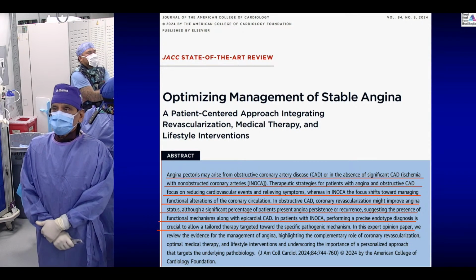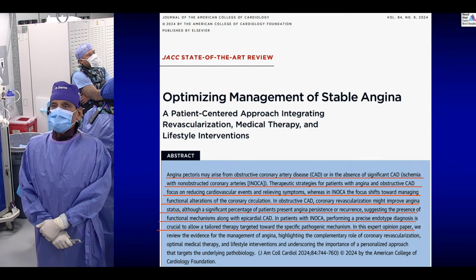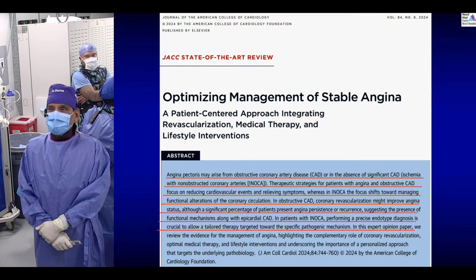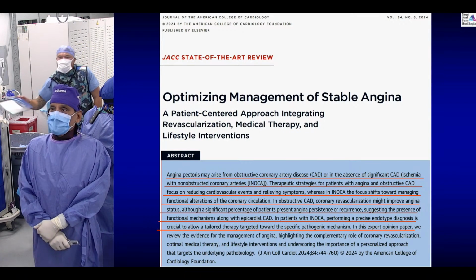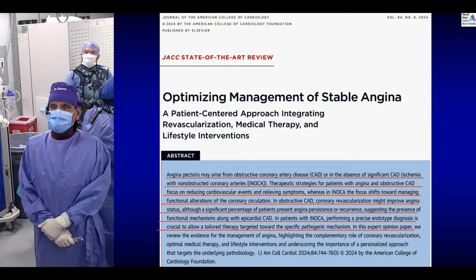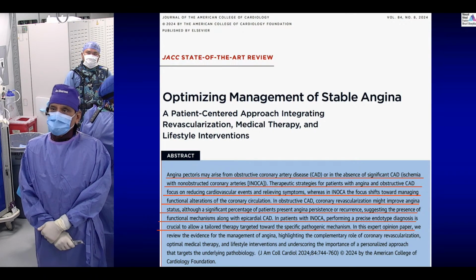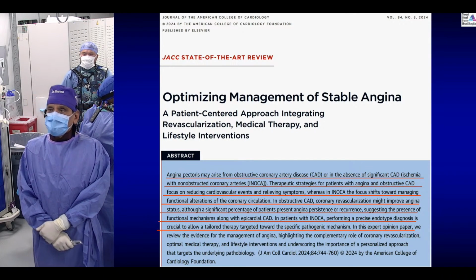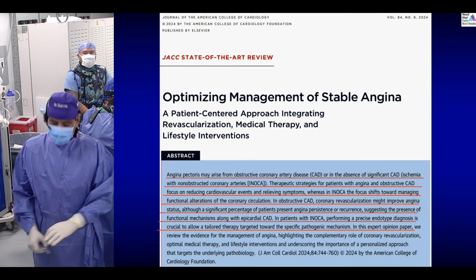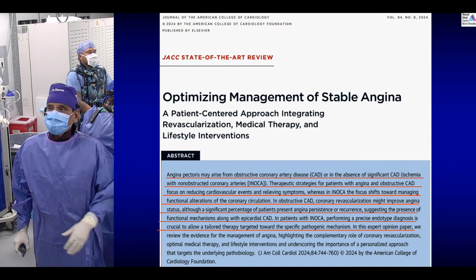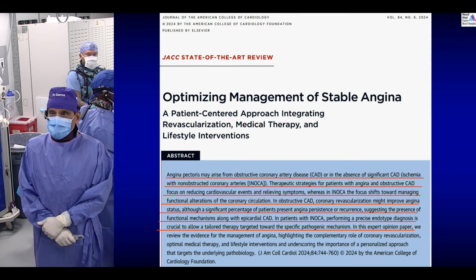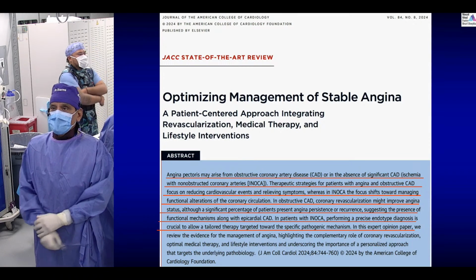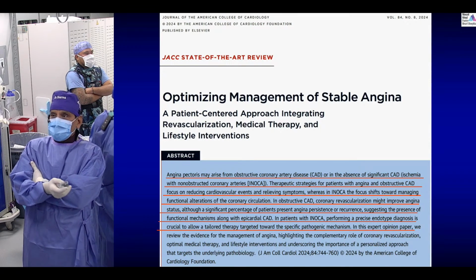So in obstructive CAD, coronary revascularization might improve angina status, although a significant percentage of patients present with angina persistence or recurrence, suggesting the presence of a functional mechanism along with epicardial CAD. So basically what they're saying is, in patients with INOCA, or even after successful revascularization, performing a precise endotype diagnosis is crucial to allow a tailored therapy targeted towards the specific pathogenic mechanism.